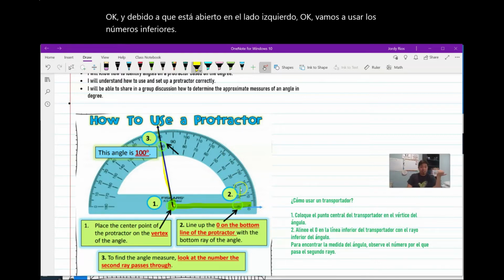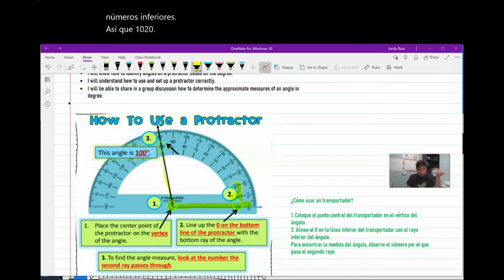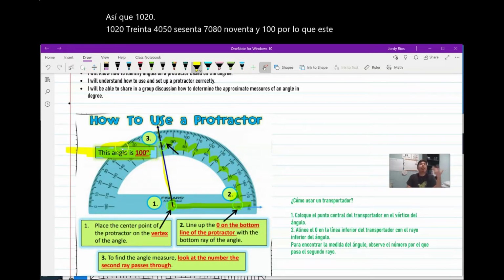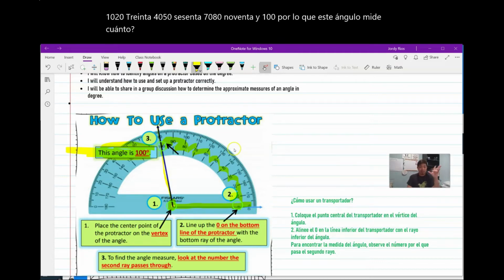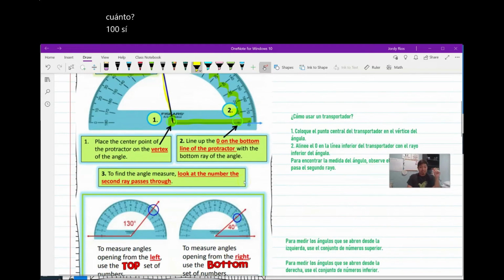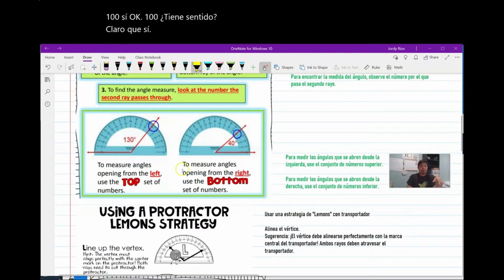So 10, 20, 30, 40, 50, 60, 70, 80, 90, 100. So this angle measures how much? 100. Yes, okay, 100. Does that make sense? Of course it does.